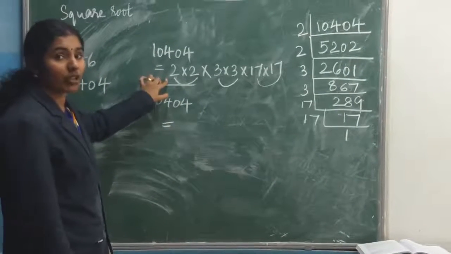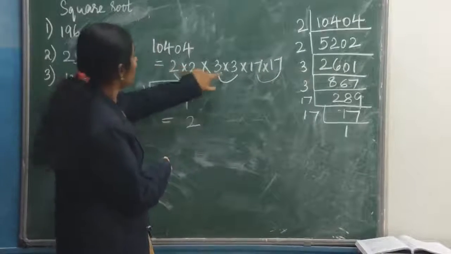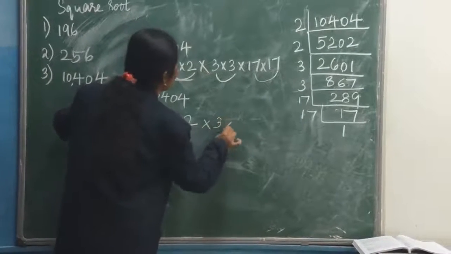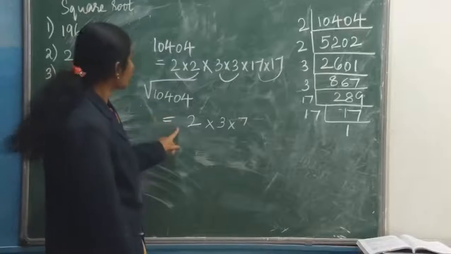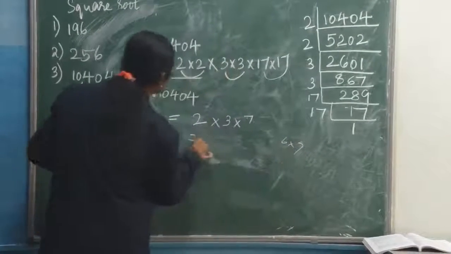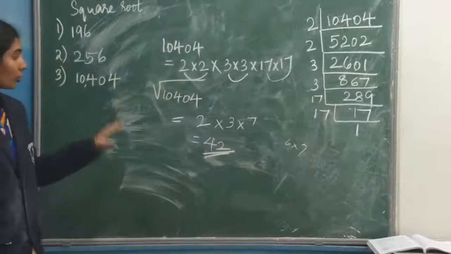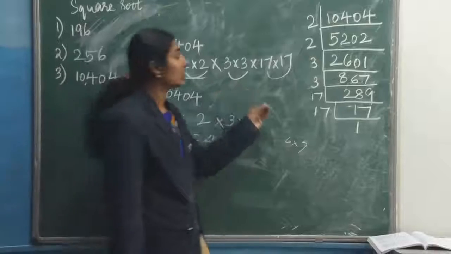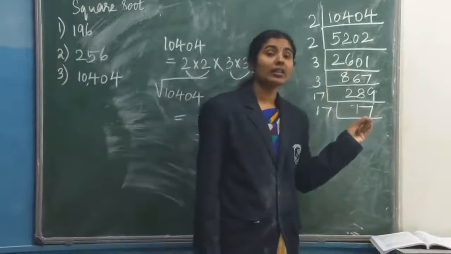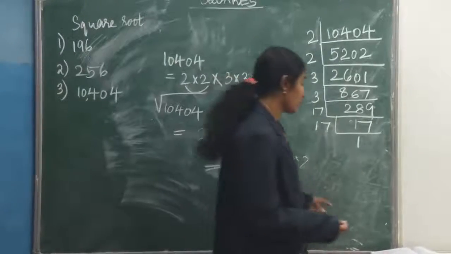From each pair you should take one number out. So what will you get? 2, 3 and 17. 2 3s are 6, 6 17s are, what will you get? 102. So the square root of this number you will get is 102. Okay, see this one is not easy to find like this. You should practice more, then only you will get the answer.